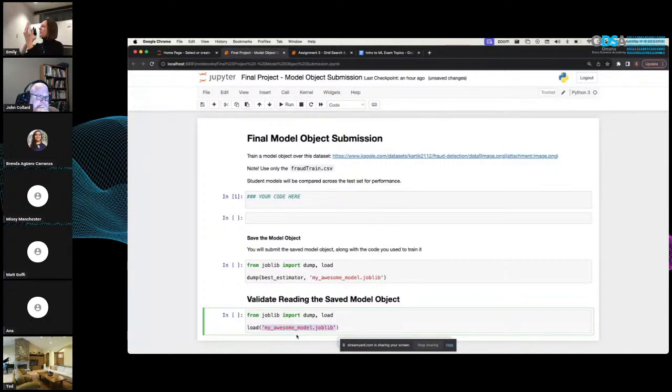One, this notebook, and the second thing is your joblib object, or pickle if you choose to use pickle, but I just put joblib here because I thought it was simple. So you'll hand me this object, it's sort of like a zip file for a trained model, and then you'll also hand me this code, just in case I have any issues reading that in, I can run your code to do that.